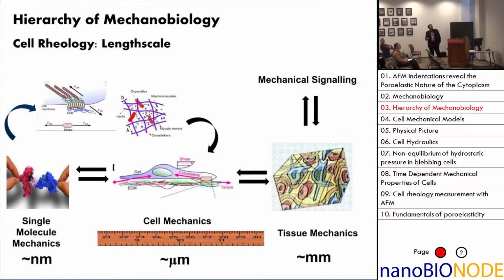If you go to a higher scale, the tissue scale, you are talking about millimeter scale, and the cell itself is in between these two length scales. So there are two important parameters that we need to consider in characterization of cell mechanical properties: length scale and time scale. We cannot say the cell is elastic, viscoelastic, poroelastic, whatever, unless we determine on what time scale and what length scale we are talking about.